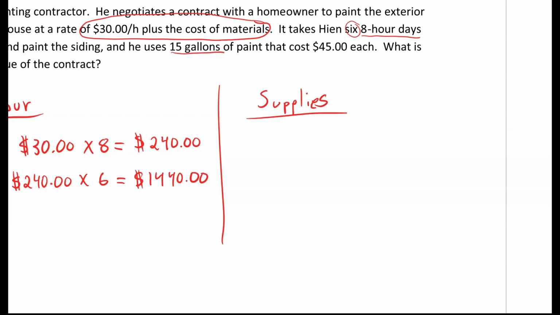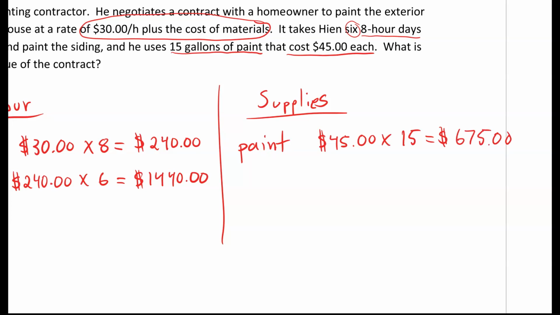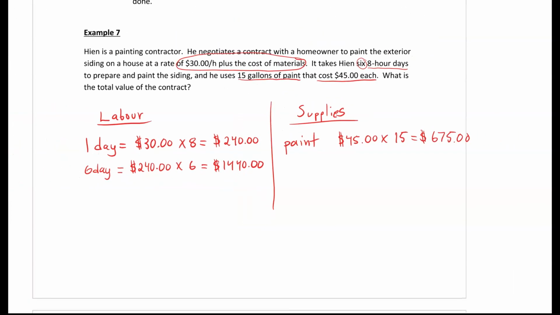It says 15 gallons of paint costing $45 each. So for the paint, it was $45 multiplied by the 15 gallons that were required, which adds up to $675.00.